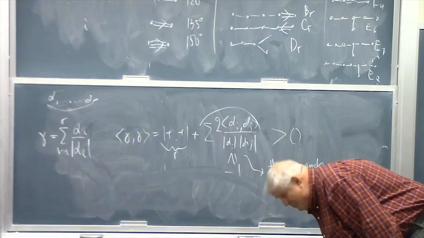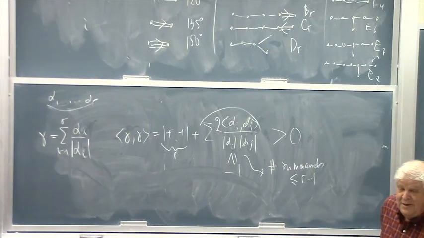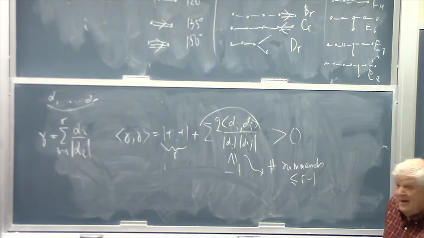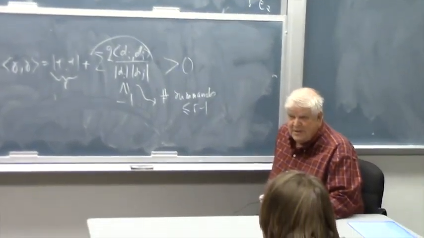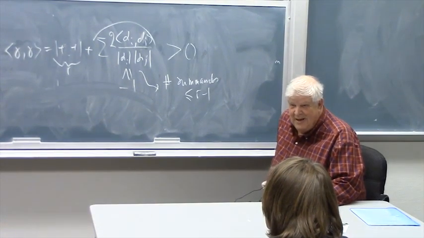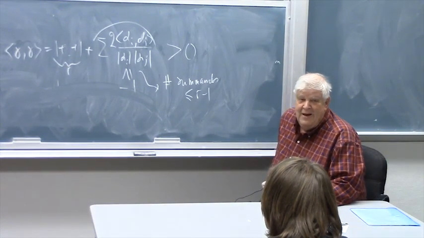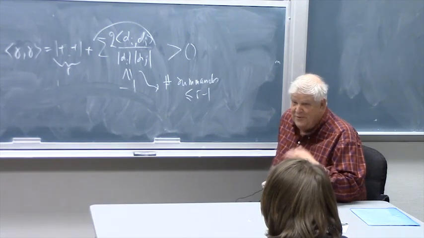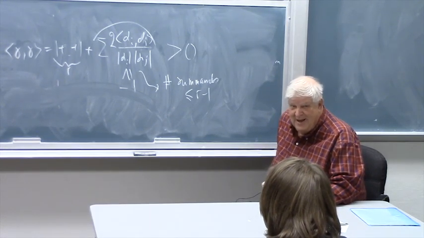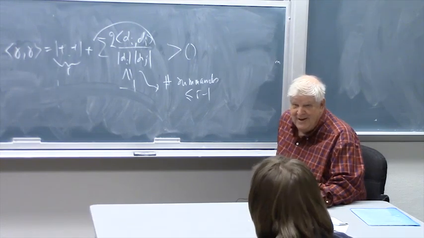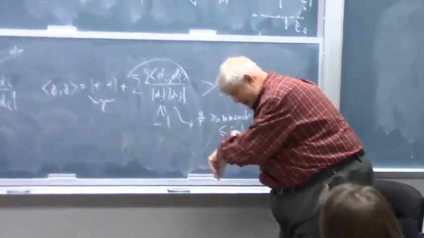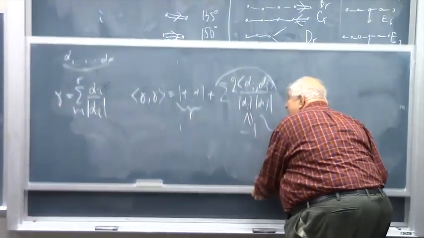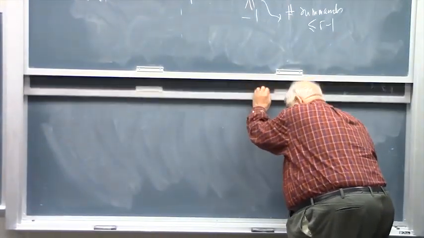Because if I subtract r ones from r, it will not be positive. It is a very strong result. Just imagine that we have a connected graph with r vertices and at most r minus 1 edges. What do you think about this graph? I personally think that first the number of edges is r minus 1, and second that it is a tree. Right? Very interesting. Fact number 1. Questions, please.